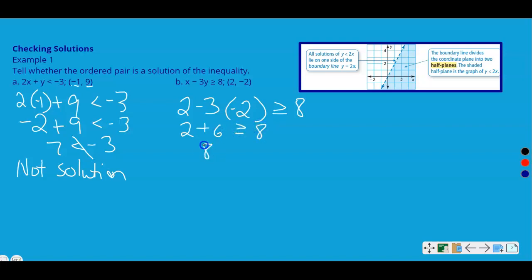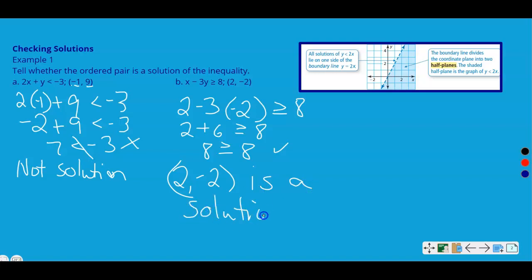And 2 plus 6 is 8. 8 is equal to 8. So is 8 greater than or equal to 8? That one is true. So this one was not, this one is. So (2, -2) is a solution to the inequality.